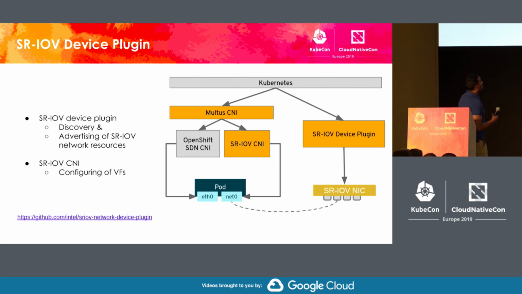So this is how the overall solution fits together. We have the device plugin responsible for discovering the SR-IOV network resources on the host. Then Multus delegates to the SR-IOV CNI plugin to enable this VF as an additional interface, as net0.